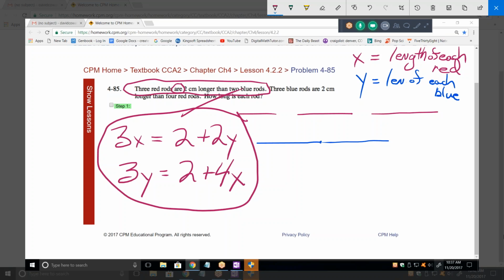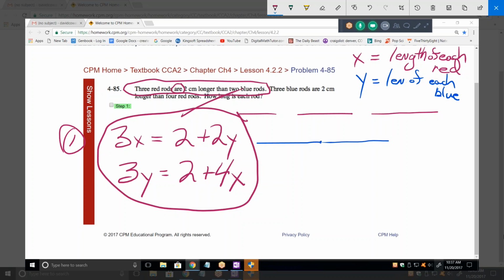So take equation 1, and first of all, give it to me in standard format. By standard format, it means get your x's and y's on the same side in that order, x first, y second, and get your number on the other side.